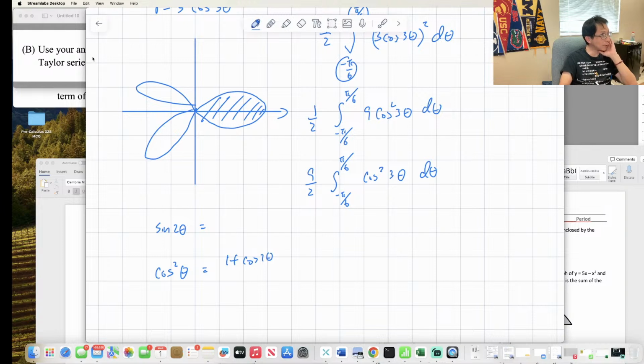You're missing something else. Divided by 2. Yeah. Good. Now you realize this is theta, right? But this is 3 theta. So can I change this to 1 plus cosine of how many theta? 6 theta. Good job.